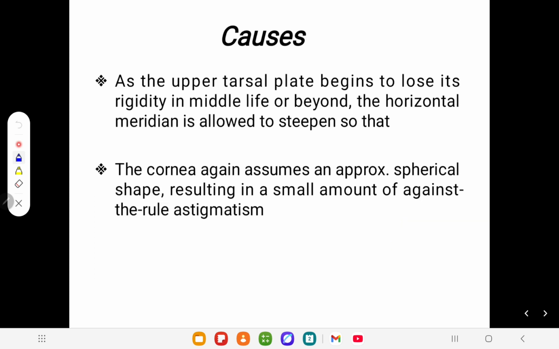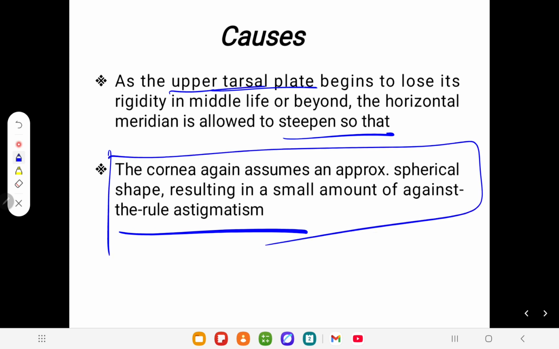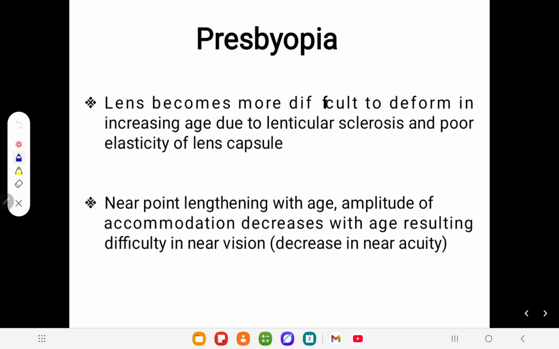The cause of this fluctuation is that the upper tarsal plate begins to lose its rigidity in middle life or beyond, and the horizontal meridian is allowed to steepen. So the cornea assumes an approximately spherical shape, resulting in a small amount of against the rule astigmatism. This is fine, but the upper tarsal plate being loose is more of a story that we tell.